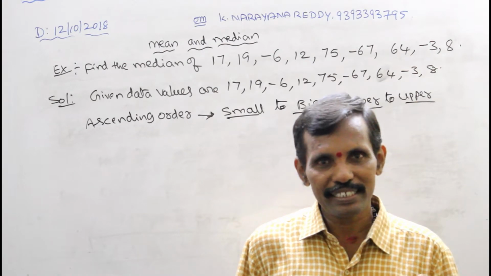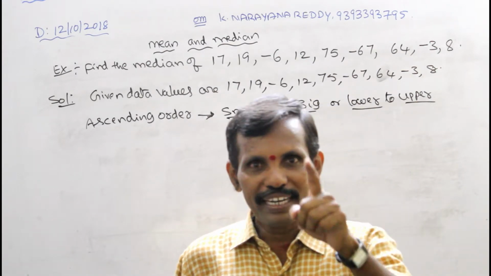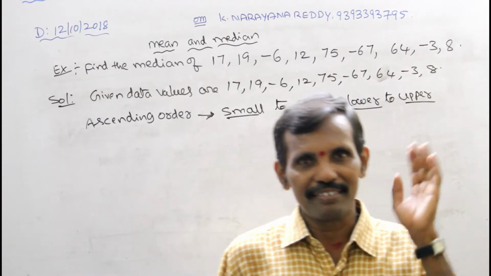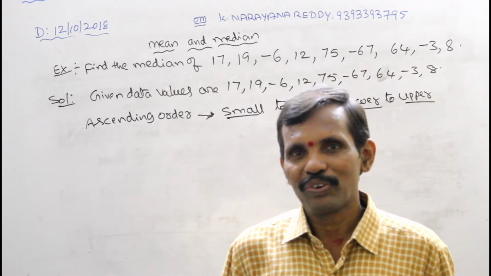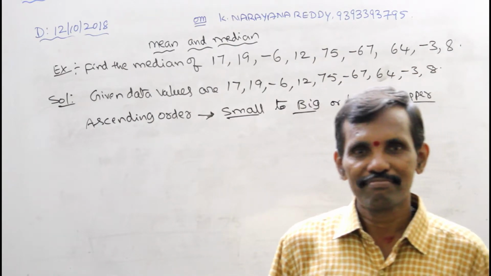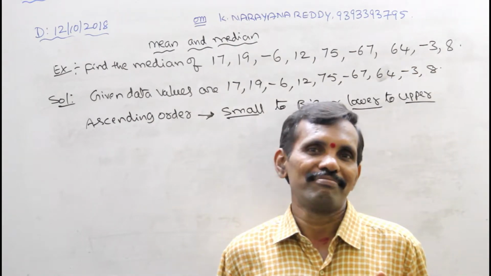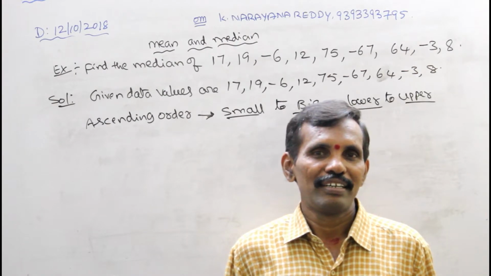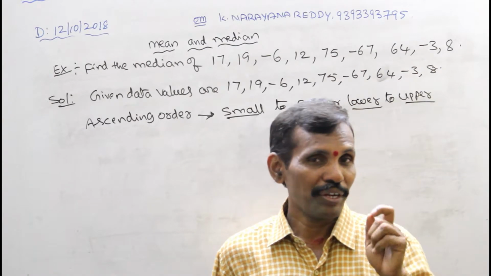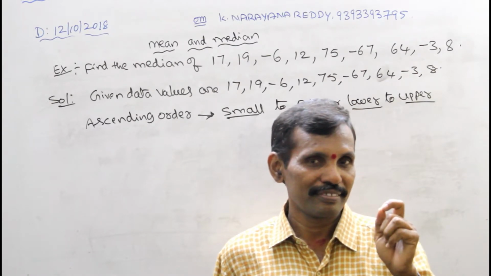See, minus 6 or minus 67? Minus 6 is the highest number, not minus 67. So, in negative values, the small number is the big one, the biggest one. The large number is the smallest one. Very, very important point.